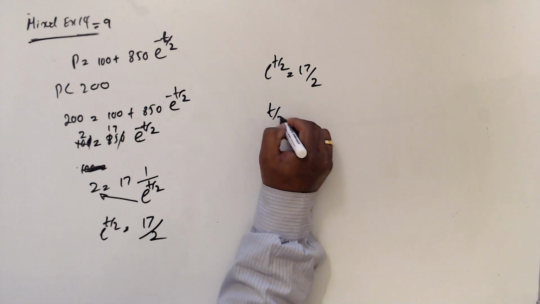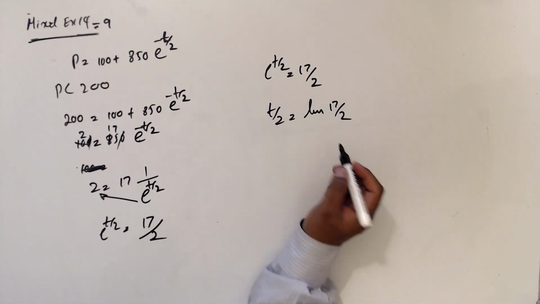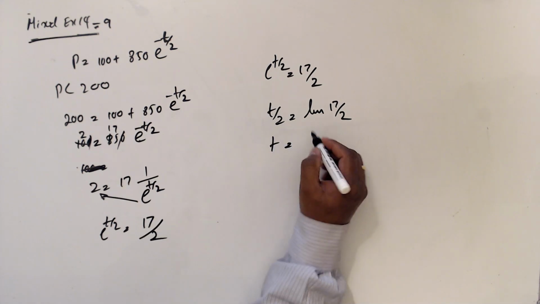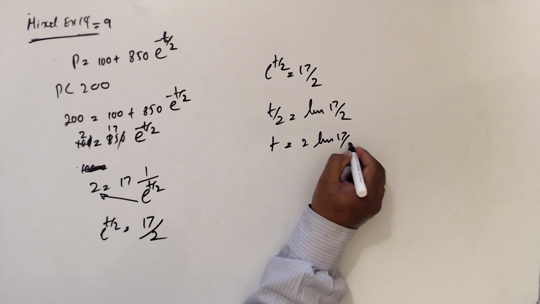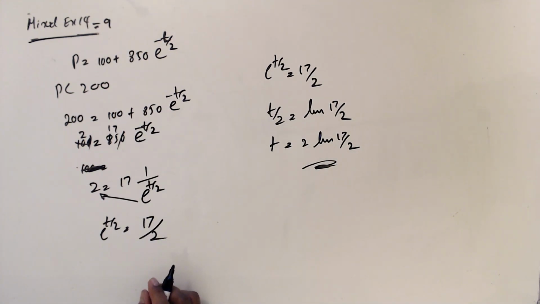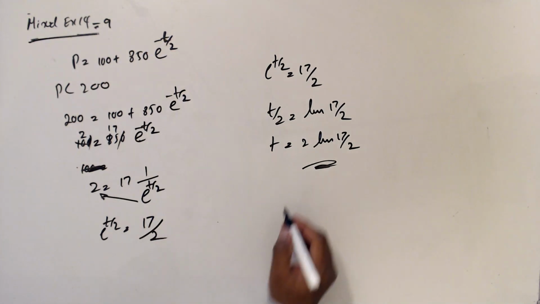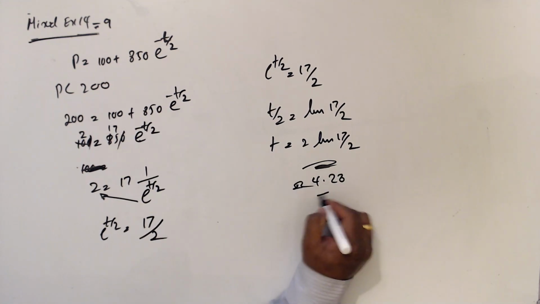So t equals 2 times ln of 17 over 2. That is approximately 4.28.